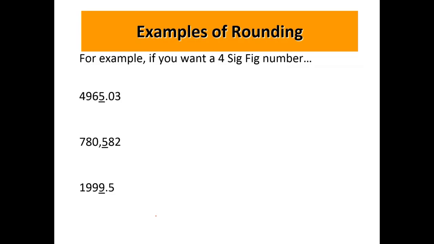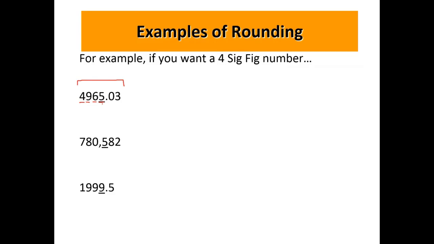So let's say we do a calculation and the answer is supposed to have 4 significant figures, but this is what we got out of our calculator. What you do in that case is count left to right the first 4 significant figures. So 1, 2, 3, 4. The last significant figure is that 5.